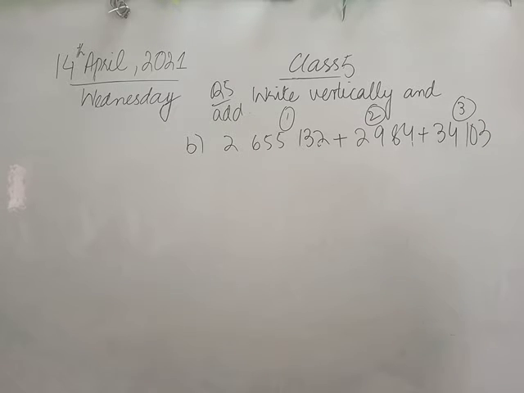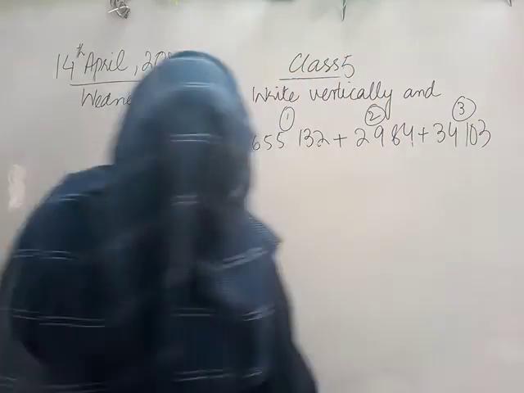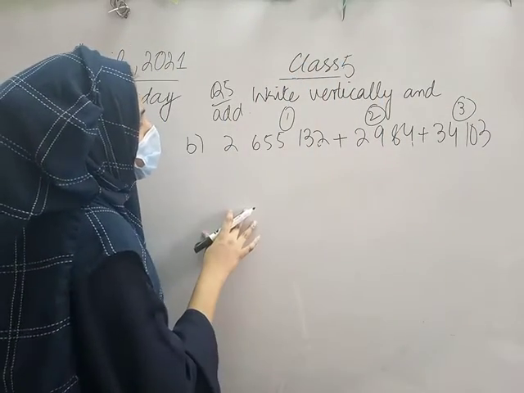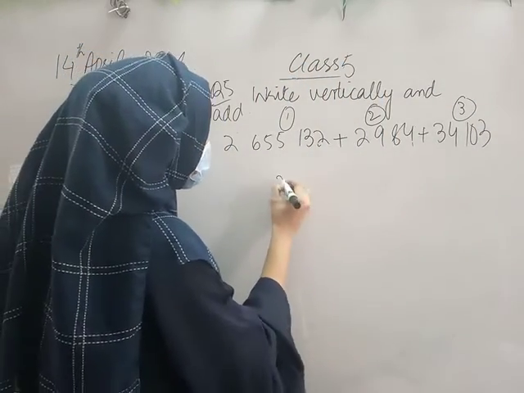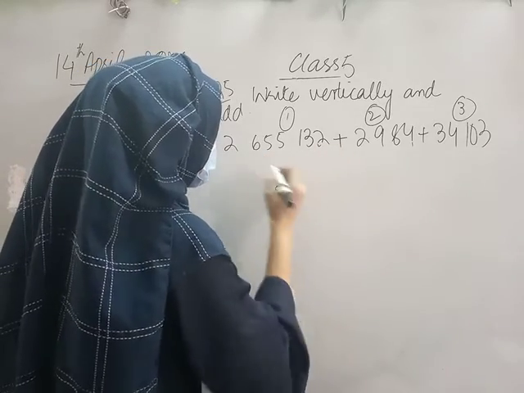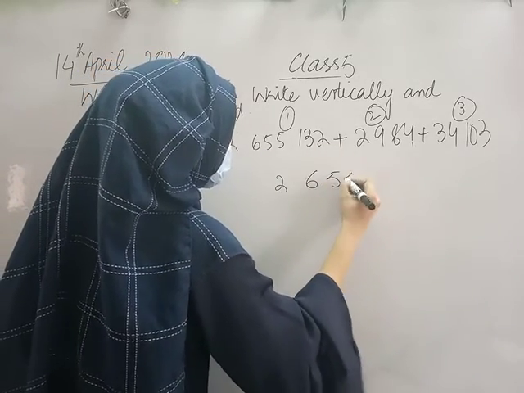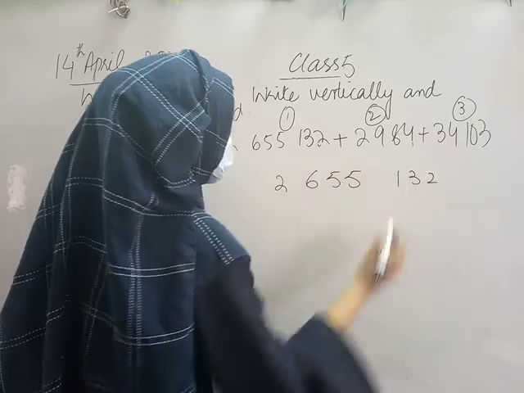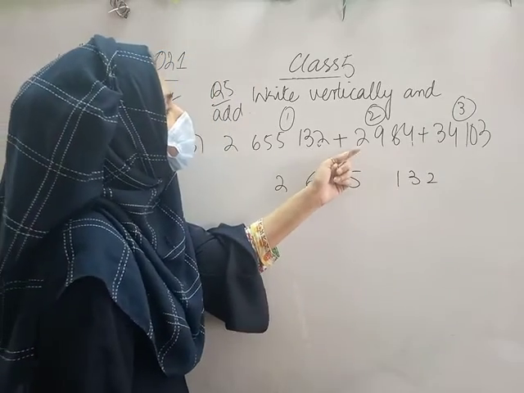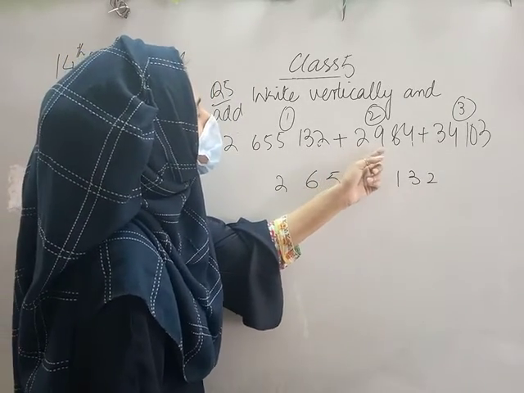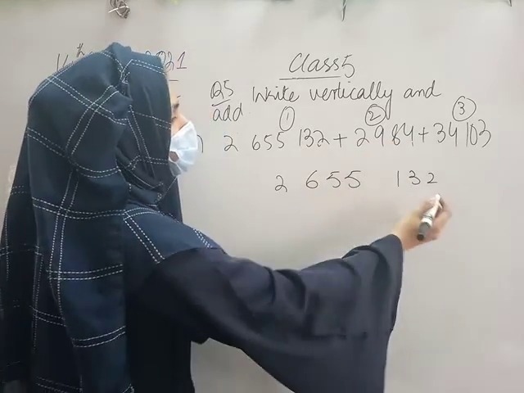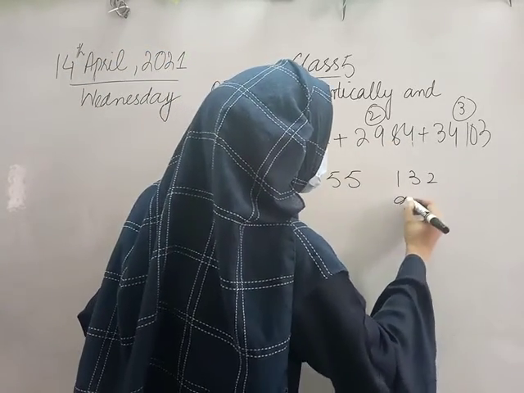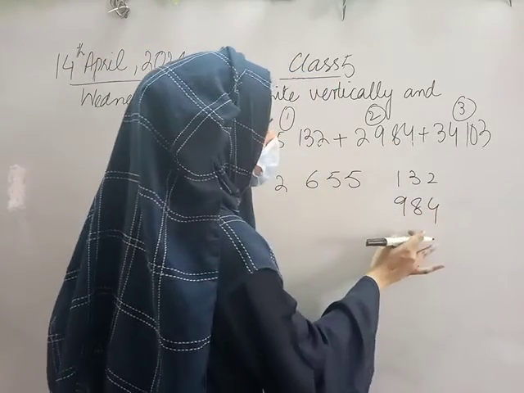Okay, now I am going to write first in vertical form. So vertically means like this, 2 space 655 space 132. Fine. Now the next number is 2 space 984. I am going to write from this side, which is 984 belongs to ones column.